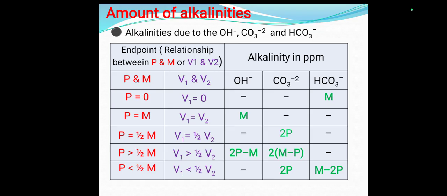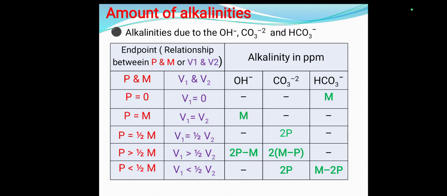Or for example, your relation is p greater than 1/2 yum, the second last. Then in front of that you can see below OH minus, 2p minus yum is there, below carbonate 2 yum minus p is there, and below bicarbonate dash is there. Dash indicates that alkalinity is absent.